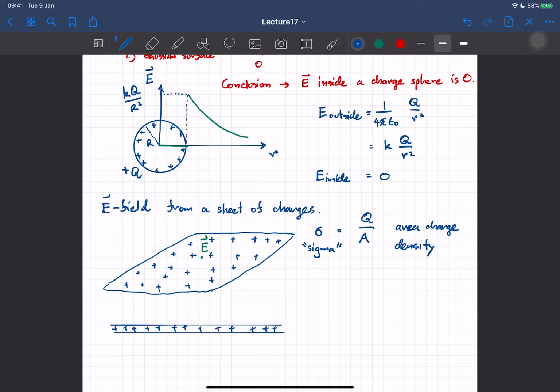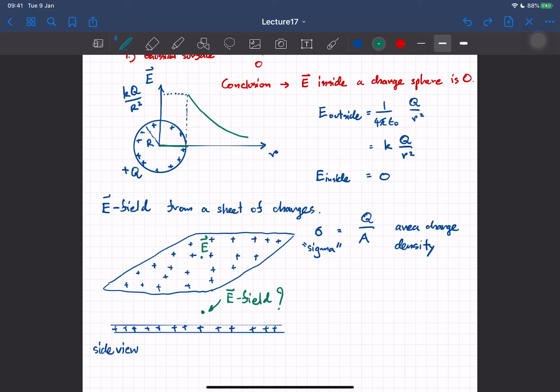This is the side view, and we want to know the electric field at this point just above the sheet. And also below, but that's kind of the same question.